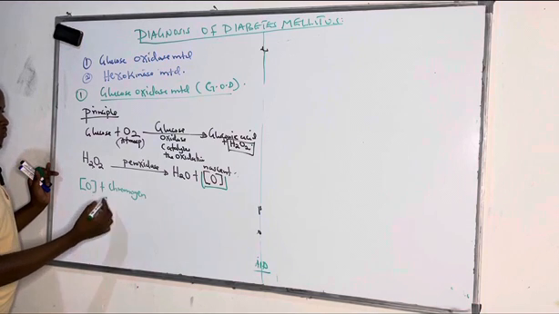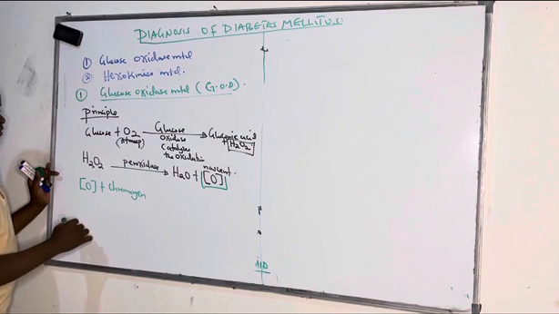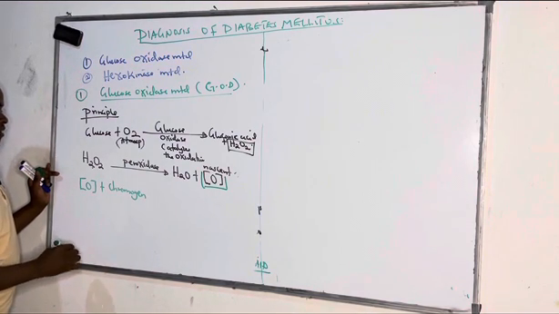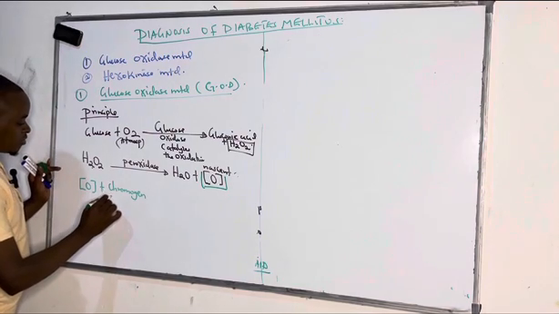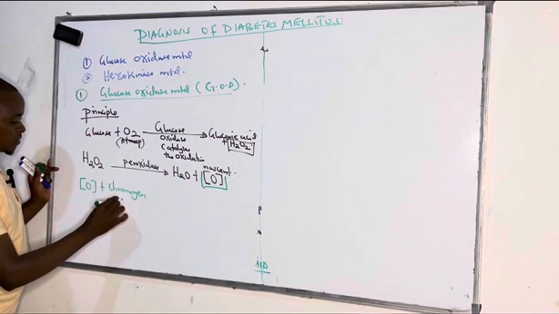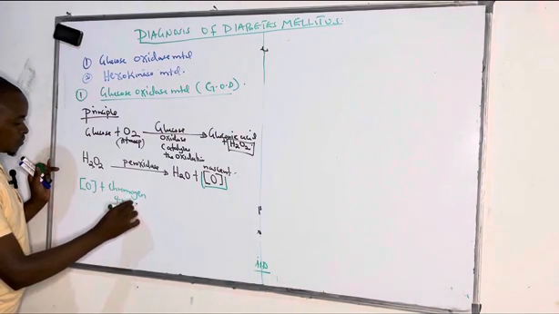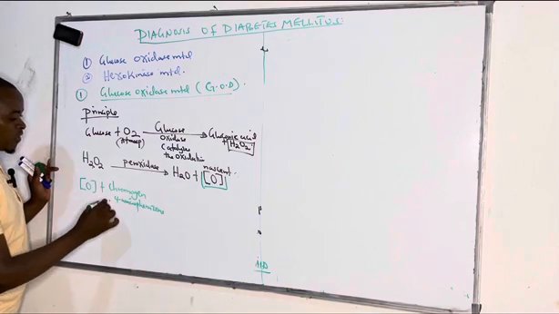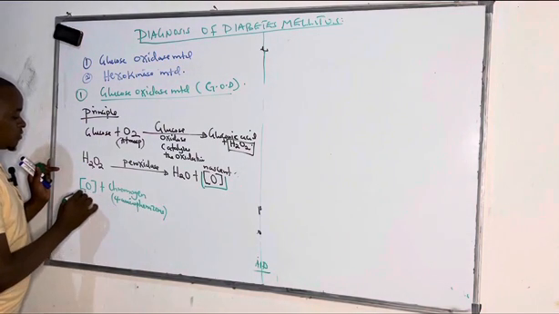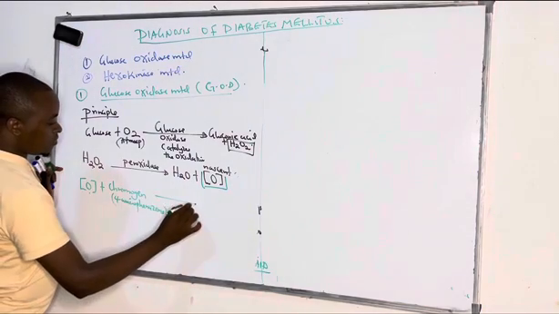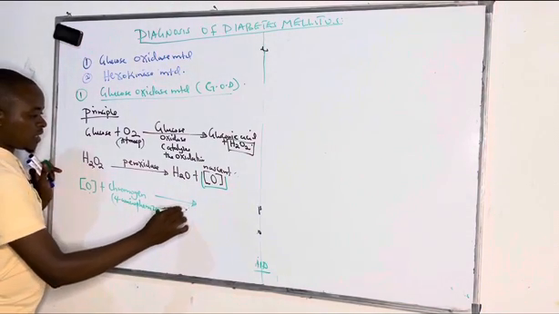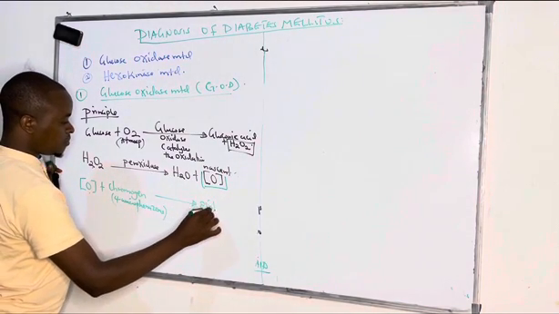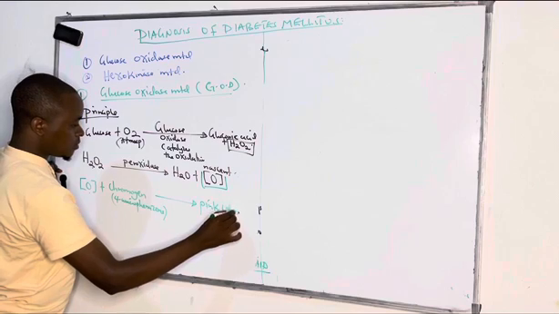The chromogens we normally use are like 4-aminophenazone, whereby we add a chromogen like 4-aminophenazone. A chromogen means it is providing the color. And when it reacts with nascent oxygen, we form a pink colored complex.